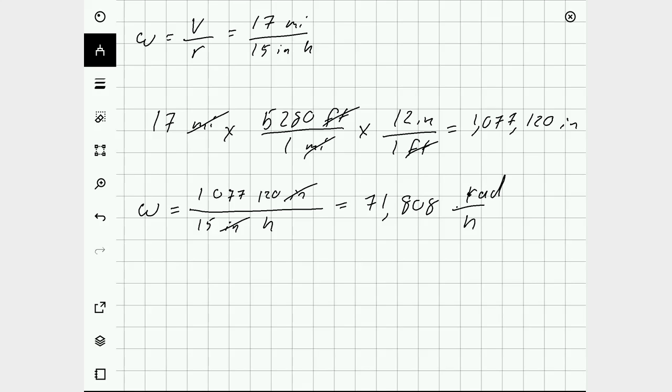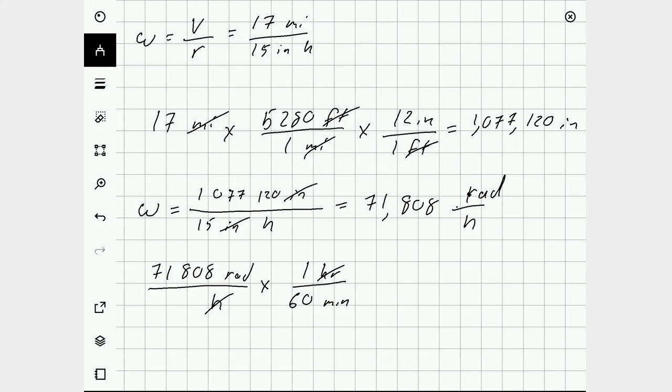I need to get from hours to minutes, and I need to get from radians to revolutions. To cancel out the hours, I know that 1 hour is 60 minutes. And if I set that up in this format, the hours will cancel each other out.